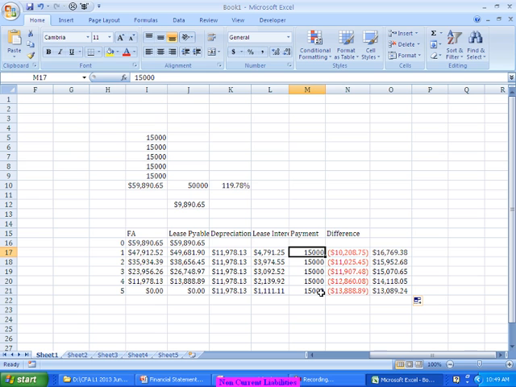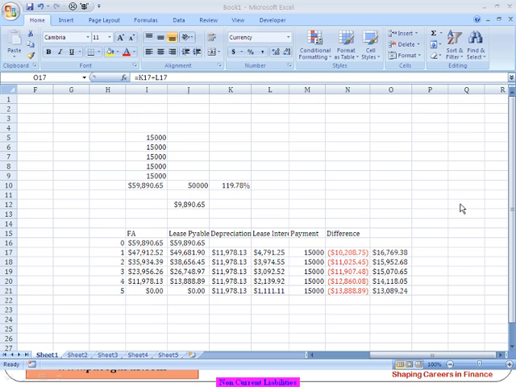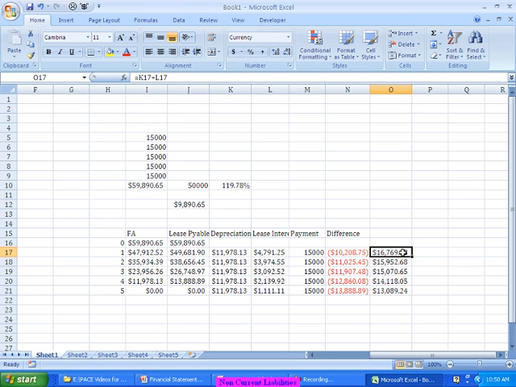From a payer standpoint, the depreciation is 11,000, so the total expense is 16,769.